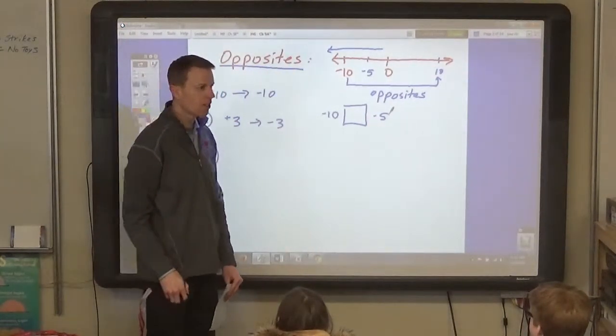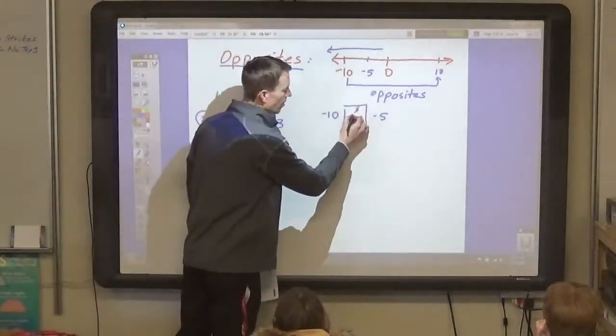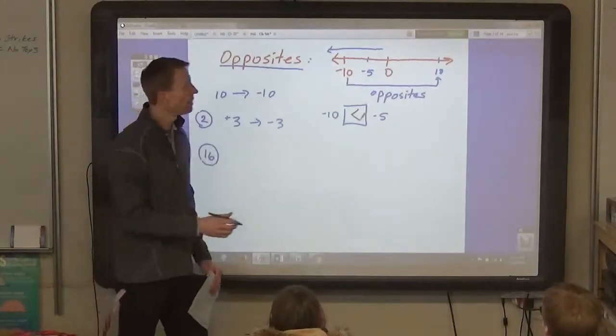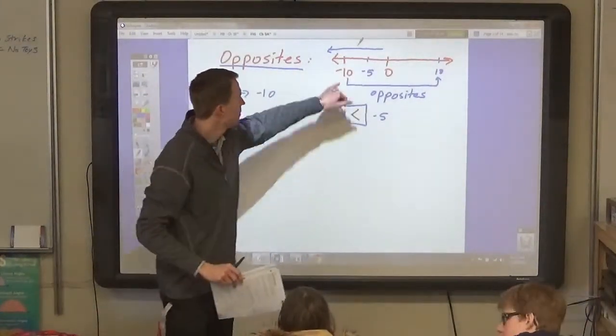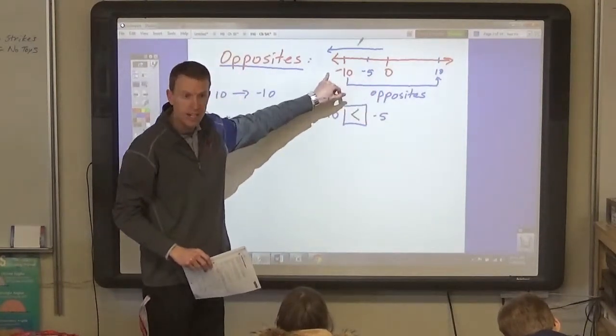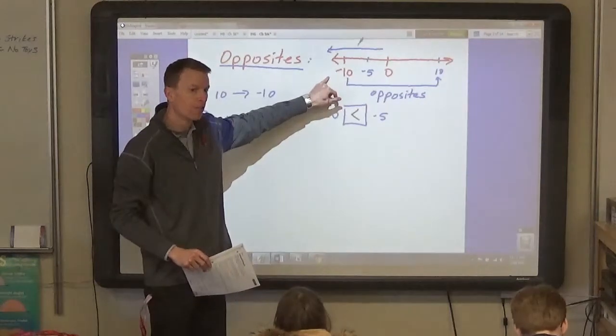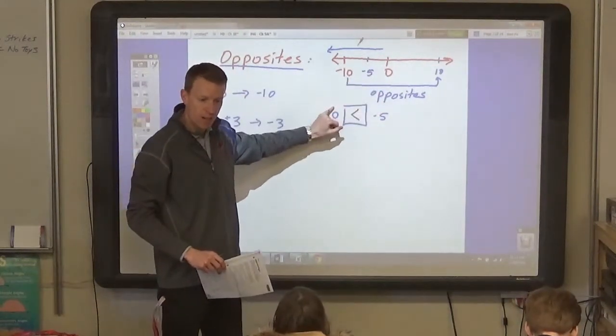Is it greater than or less than? No, it'd be less than. Okay? We'd point it to the left because -10 is worth less than -5. Even though the integer number or the absolute value is bigger, the value of the number is less.